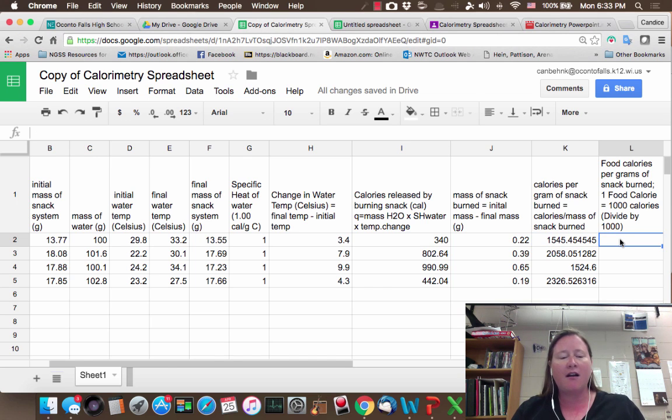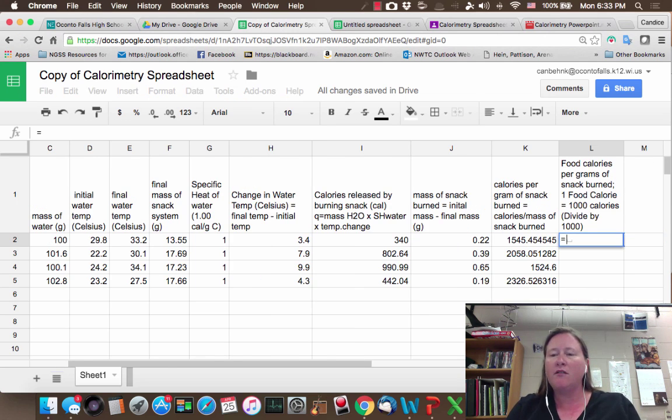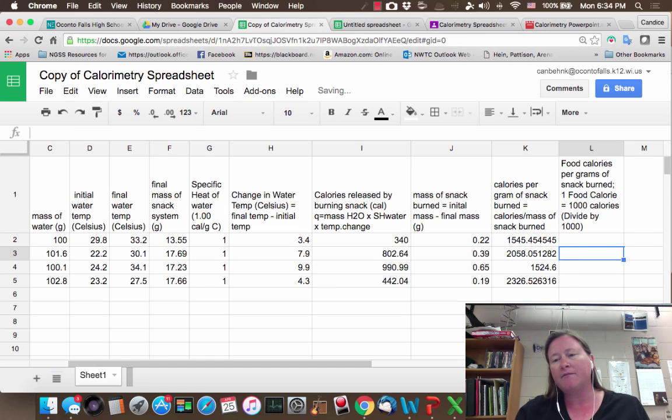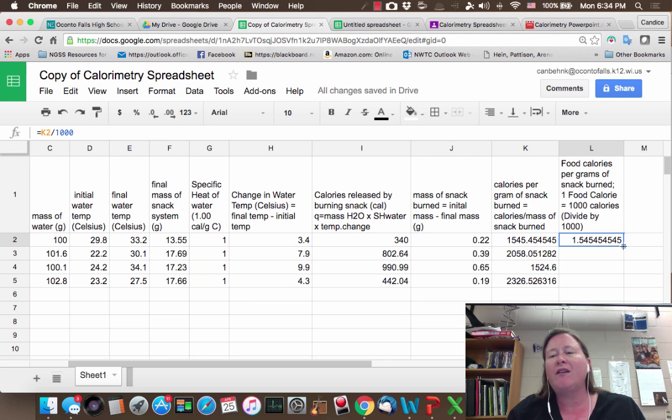So here we are, another calculation equals what's in cell K2 divided by 1,000. Now since we're going to be dividing each of these by 1,000, you can just type that number right in. So this makes more sense if you want to think about a small number of snack per gram. So a gram is, you're looking at 1.5 calories.